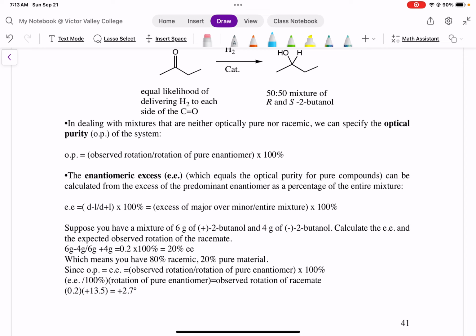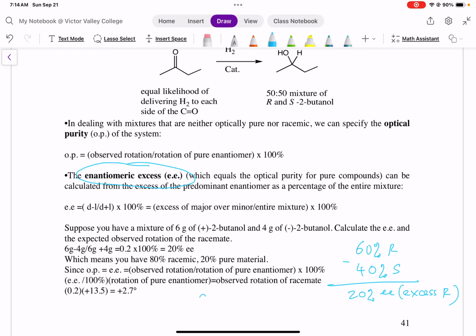And what is percent EE, okay? So let's say you got 60% R. To make it really simple, of course you're going to have 40% of the other one, right? So your difference will be 20% EE, meaning excess R, because 40% R will cancel out with 40% S, and you get an extra 20%.